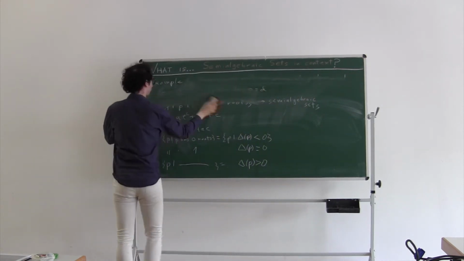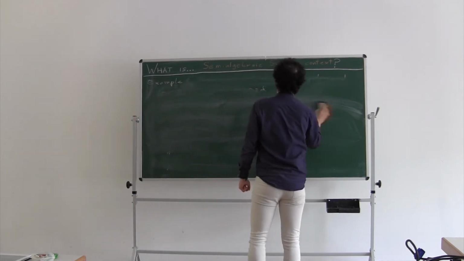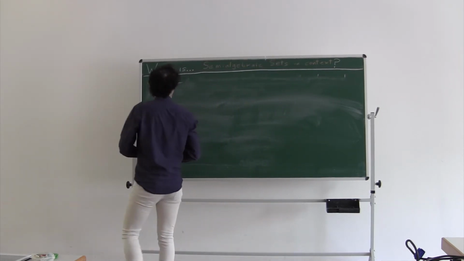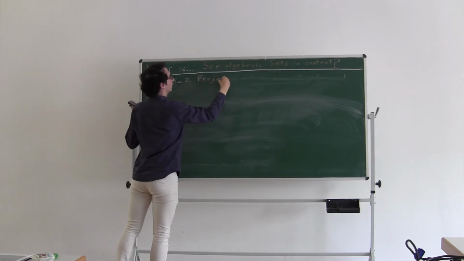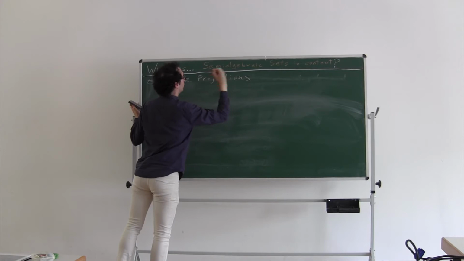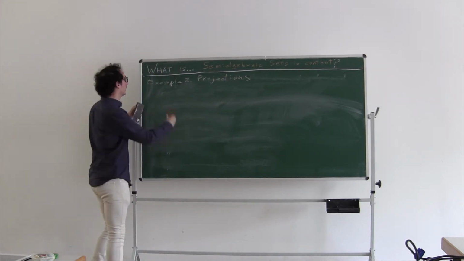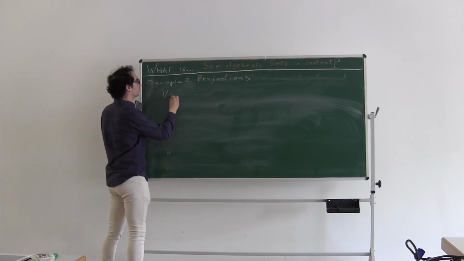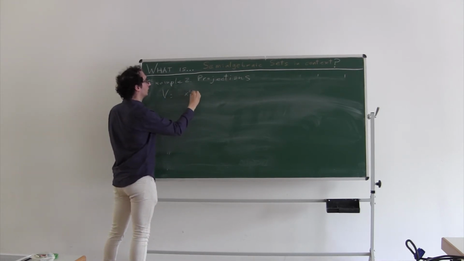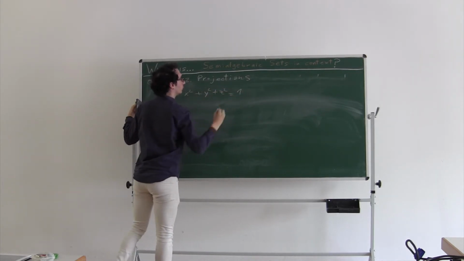Then we go to a new class of examples, which is essentially projections. In the projection setting, let's consider a very simple set: x² + y² + z² = 1.